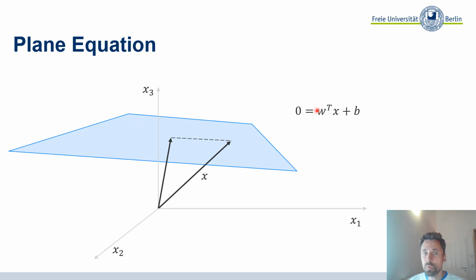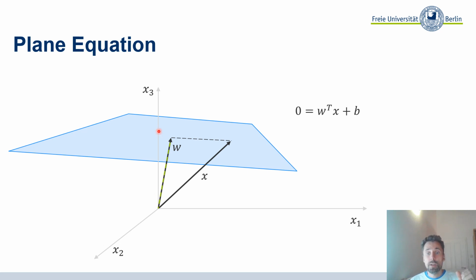And what is W transpose X? Well, it's a dot product, but you can visually interpret this as the projection of this vector x onto the direction of W. So if W has length 1, the scalar value produced by the dot product corresponds to the length of this projection.